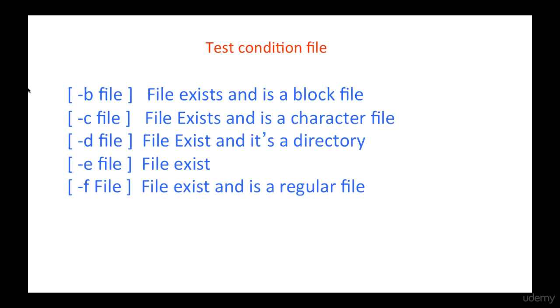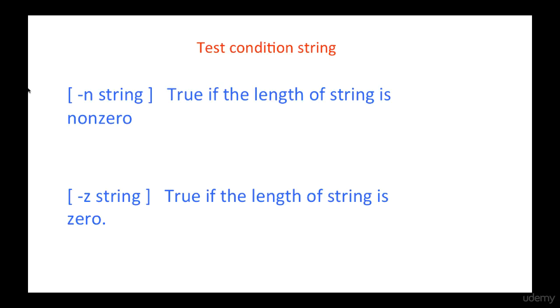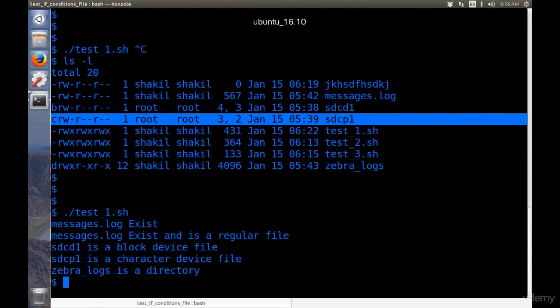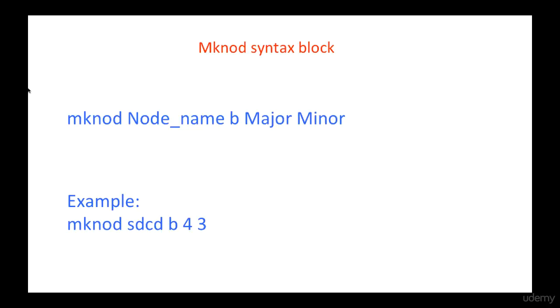So let's quickly go through how you can create a block device and a character device. I will demonstrate, and I already have a PPT for that. So this is my PPT. This is a command called mknod followed by the node name. You can give any node name. Most of the time the device files are present in the /dev folder, but you could give any name anywhere.